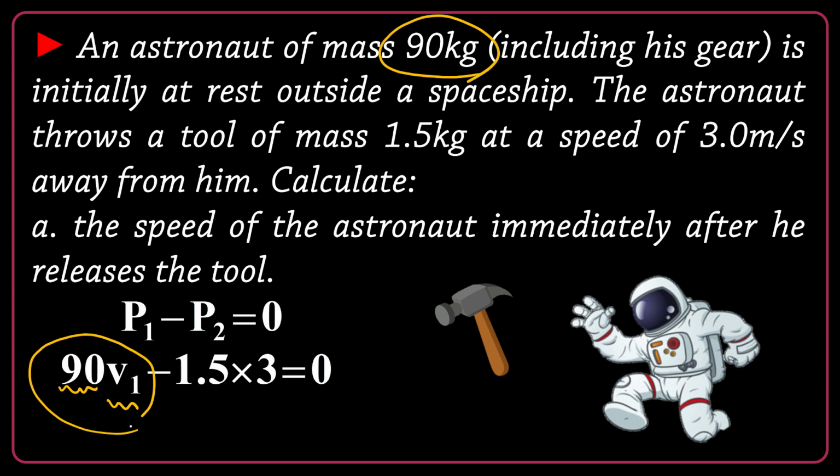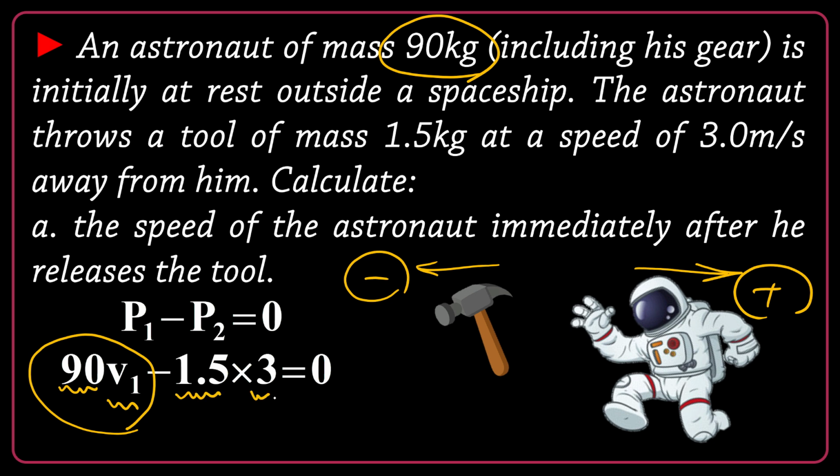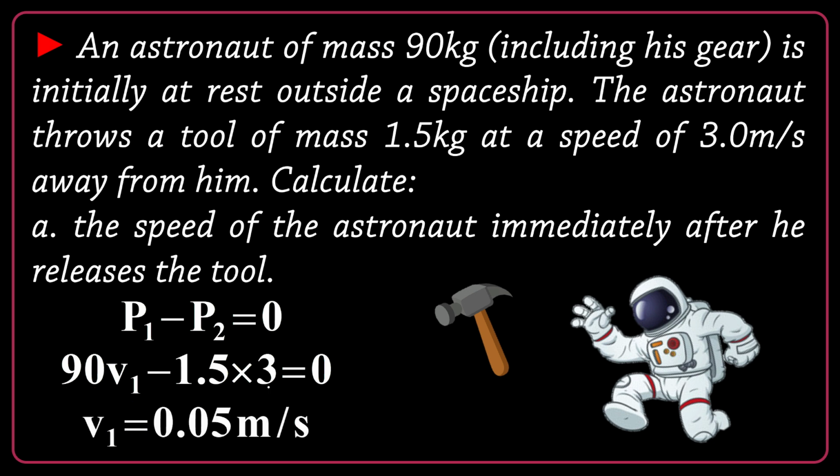So for the astronaut, it's 90 times V1, minus, because if you say the positive direction is to the right, the hammer will go in the negative direction. It's negative 1.5, the mass of the hammer, times the velocity, 3. The total is 0, so easily we can find the speed of the astronaut to the right, and it's 0.05 meters per second.